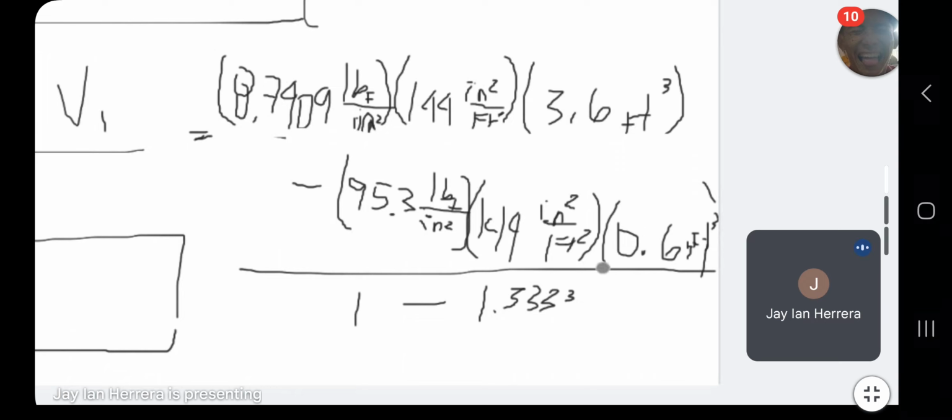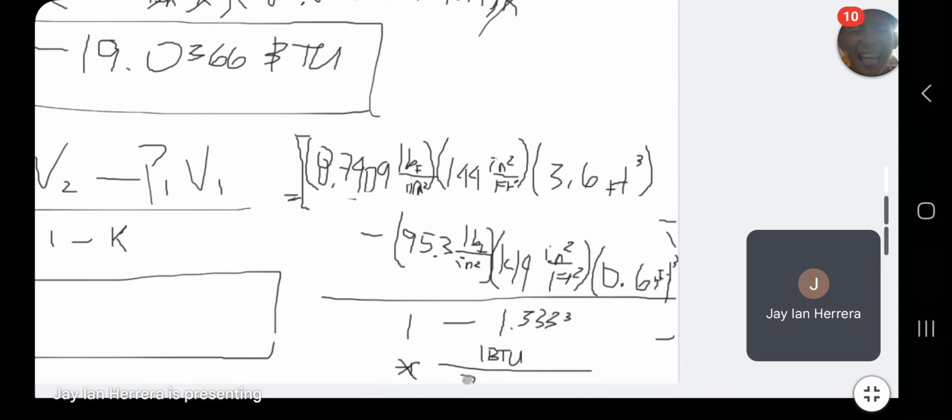Hindi, pala. Since ang final unit natin dito is foot-pound force feet, kailangan pa pala natin to i-multiply sa 1 BTU all over 778 foot-pound force.